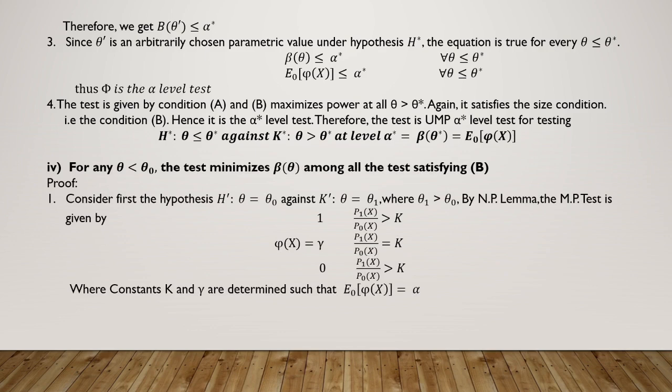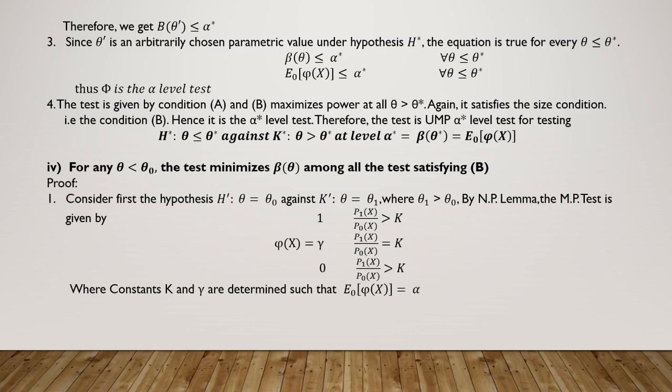Now the fourth part: for θ less than θ₀, the test minimizes β(θ) among all the tests satisfying B. So here we consider the same hypothesis H' against K', where θ₁ is greater than θ₀.